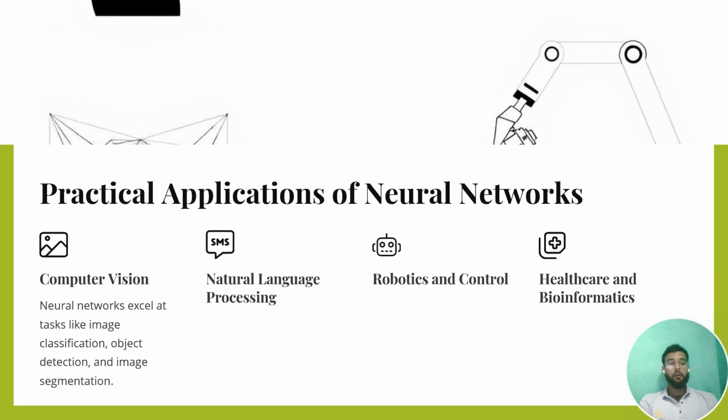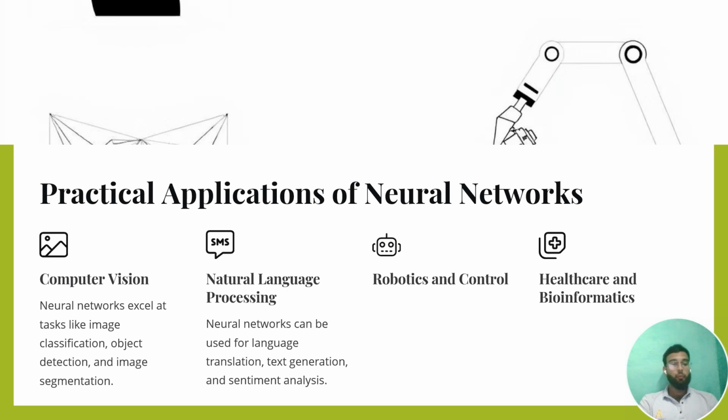So it is implemented using neural networks. So neural networks can be used for language translation, text generation and sentiment analysis. Like we have AI today. So you can see that language translation is a process we see in AI. So this is because of the neural network.